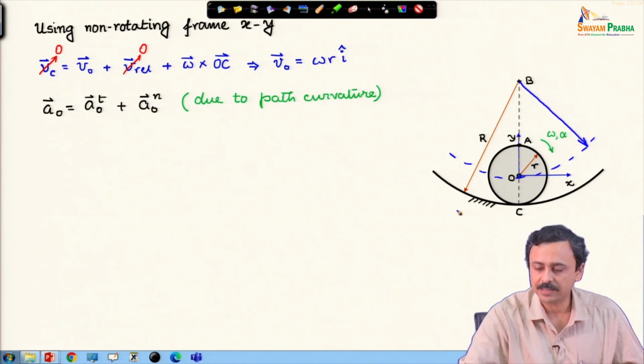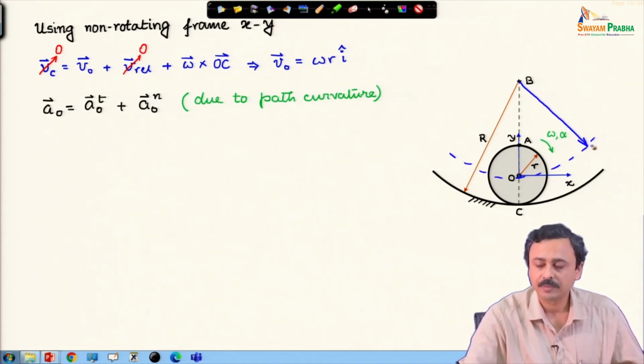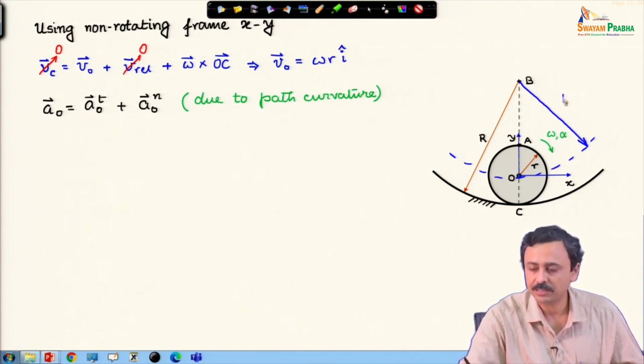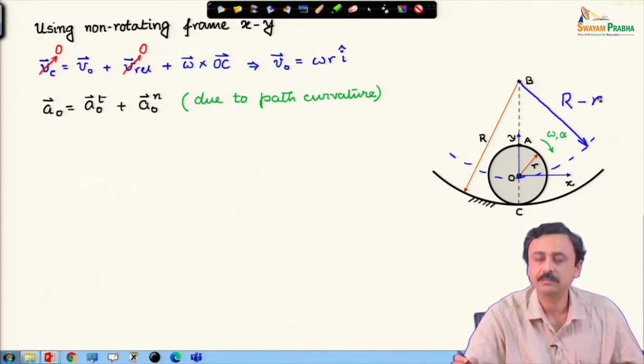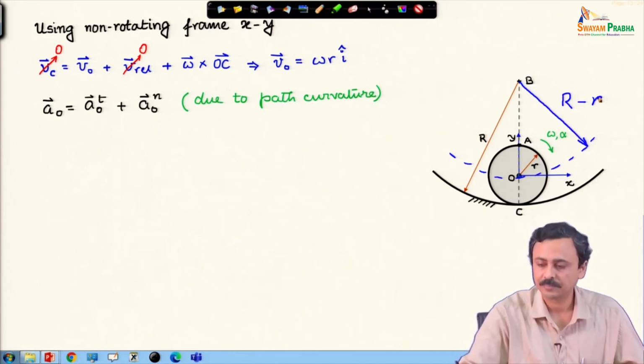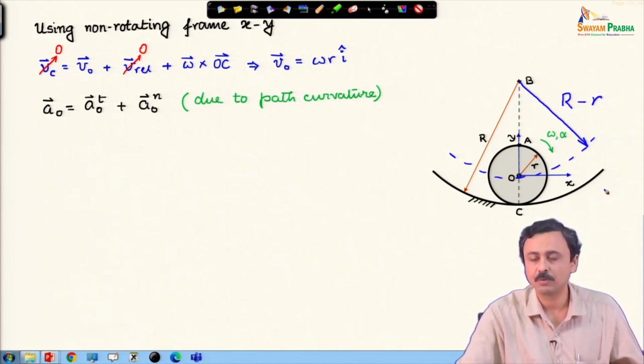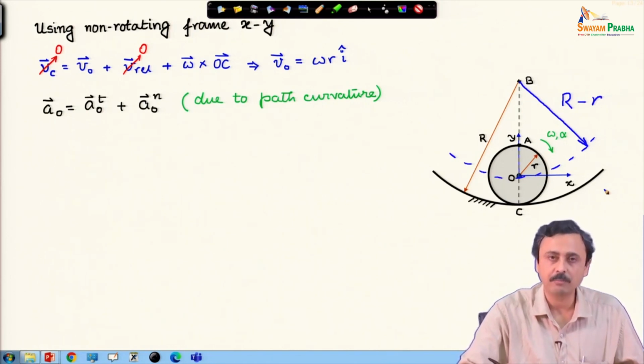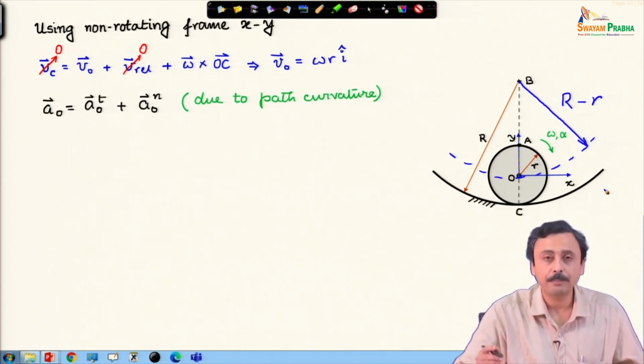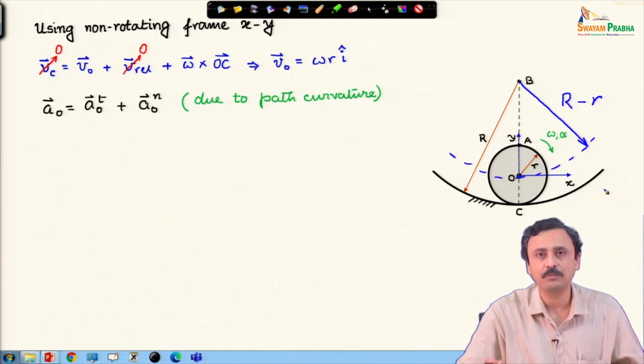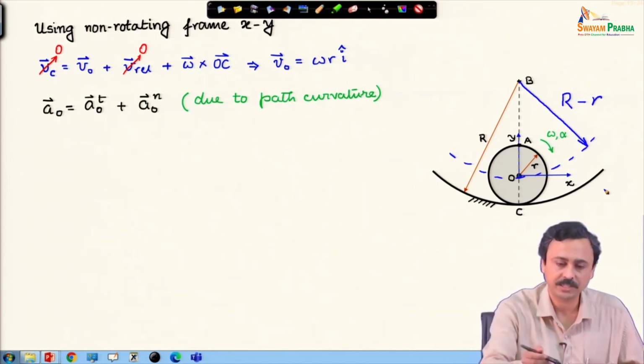This capital R is the curvature of the track, and the path of O, the center of the wheel, is this dashed blue curve, whose radius of curvature is capital R minus the radius of the disc, capital R minus small r. So, the radius of the track minus the radius of the disc is the radius of curvature of the path of O, the center of the wheel.